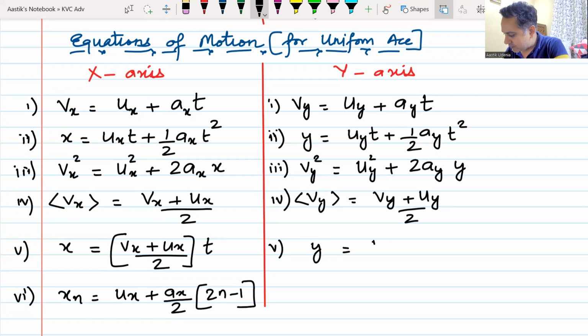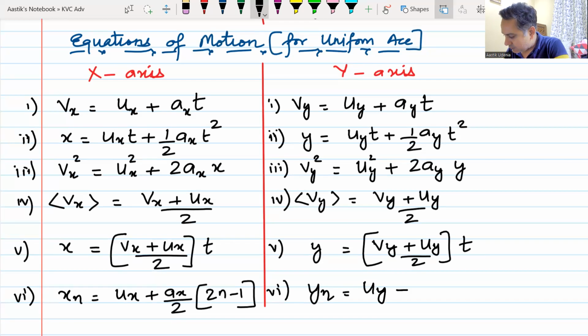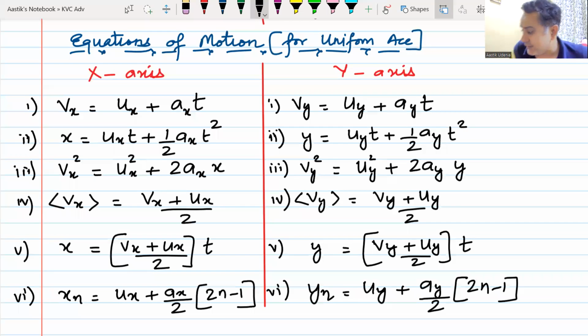Position y will be vy plus uy divided by 2 multiplied by t. Displacement in the nth second will be uy plus ay by 2 into 2n minus 1. Everyone got it correctly? Well then, congratulations. This is the equation of motion.